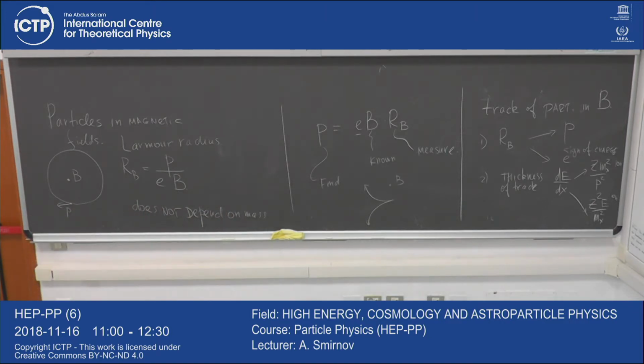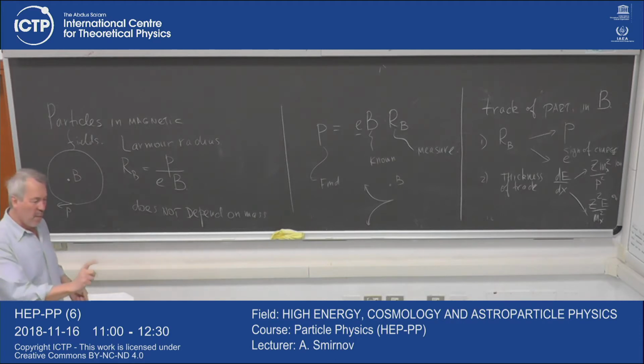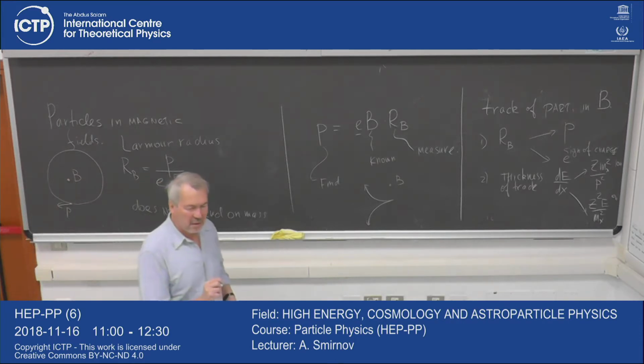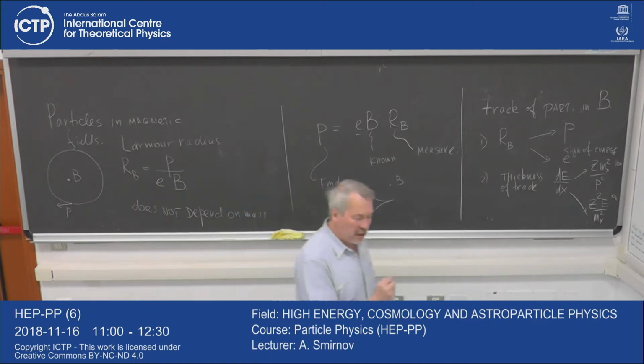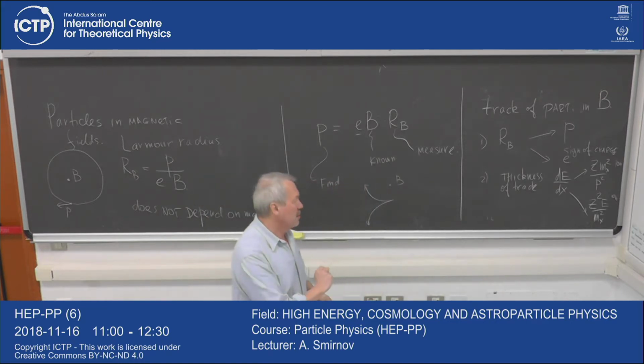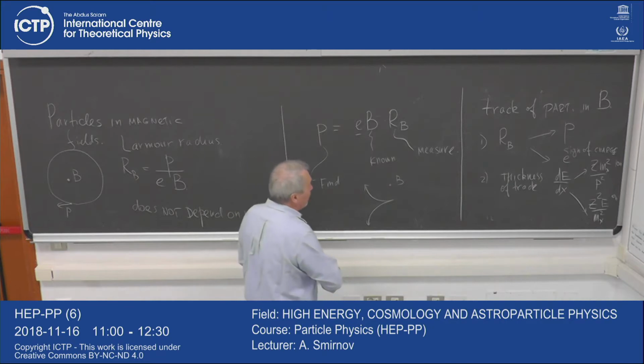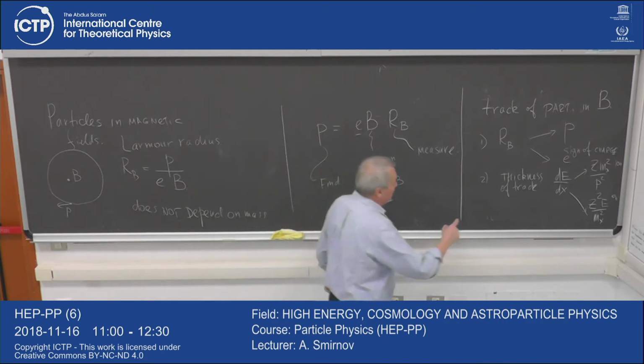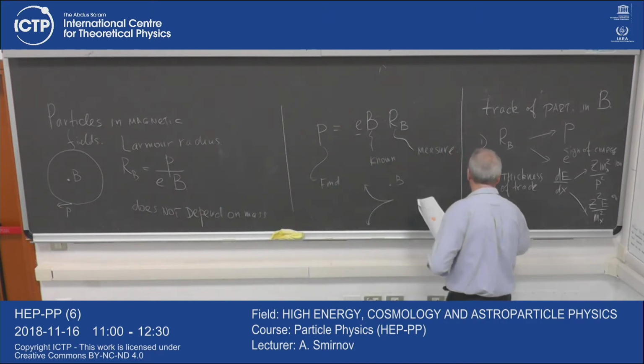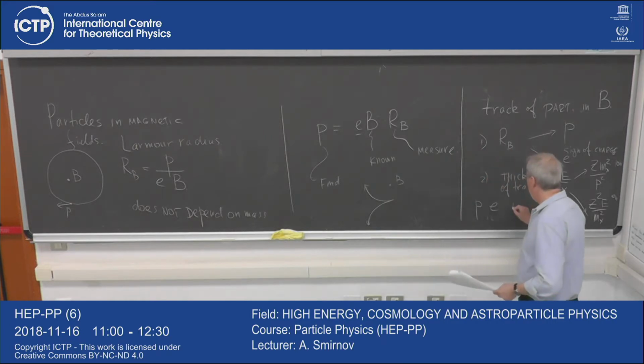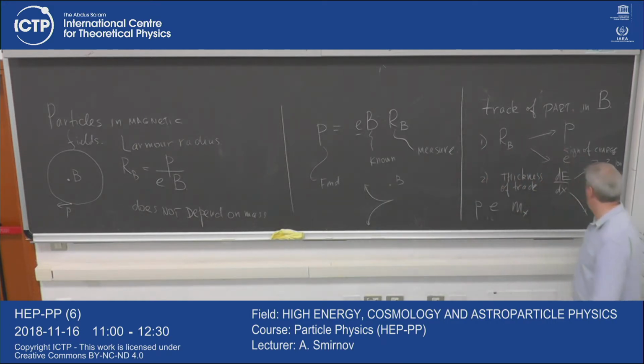It changes differently. If you have ionization, tracks become wider. In the case of radiation, it becomes thinner as the particle propagates. And therefore, using these tools, we can measure P, electric charge, and the mass of the particle, right?